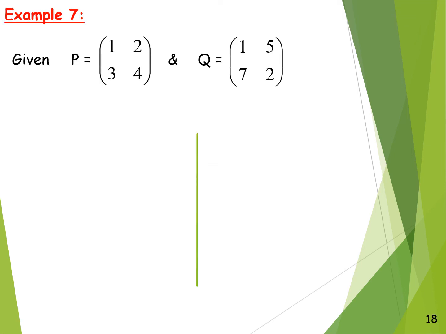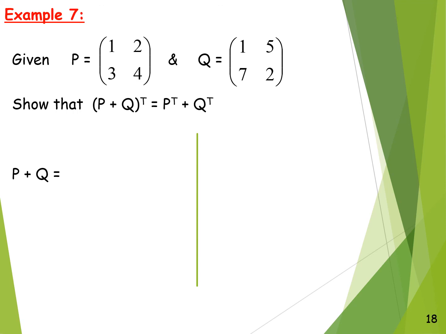Example 7. Given P: 1, 2, 3, 4 and Q: 1, 5, 7, 2. Show that P plus Q in bracket transpose is equal to P transpose plus Q transpose. We can prove the expression on the left hand side first.